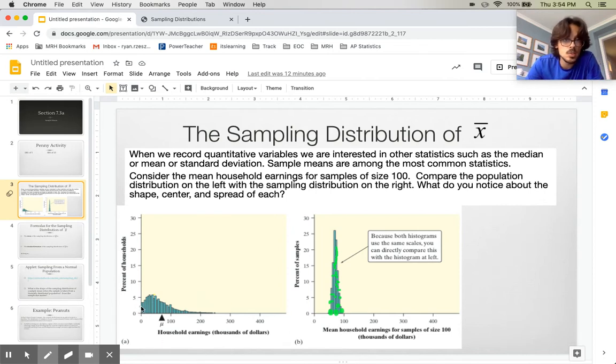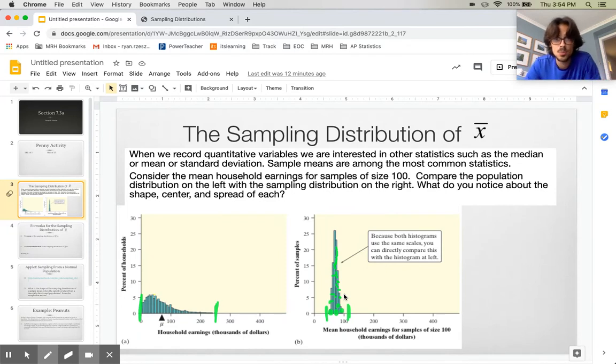Now, look at the spread on the original population from 0 to like 250-ish. Look at the spread on the sample mean graph, like 50 to 100. Much less spread.